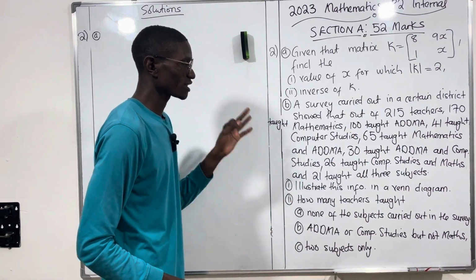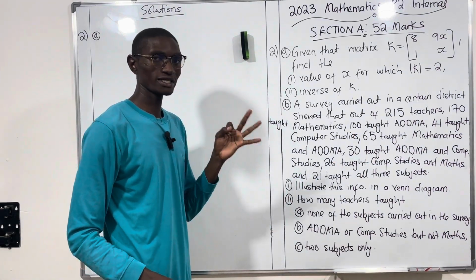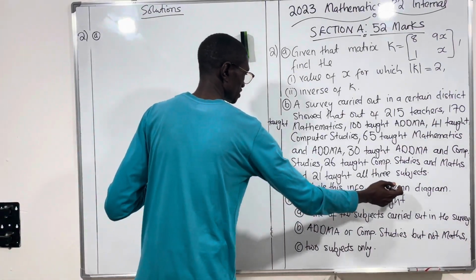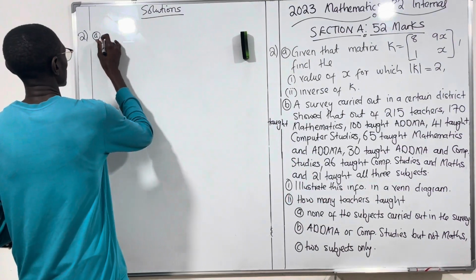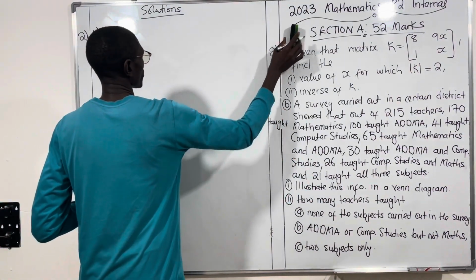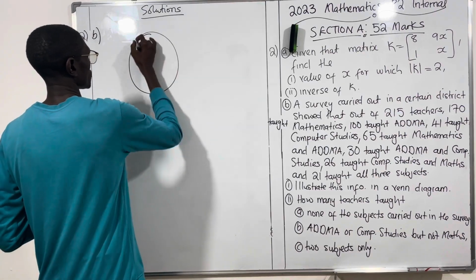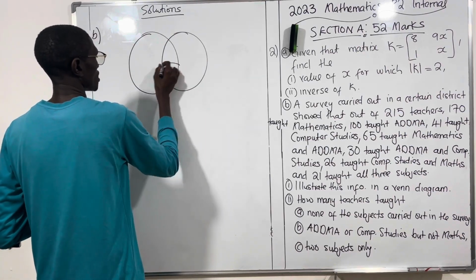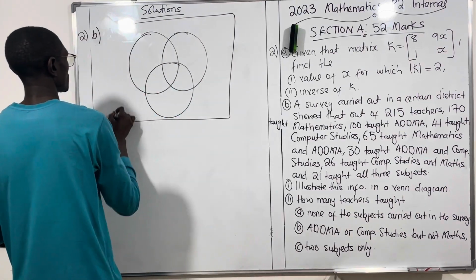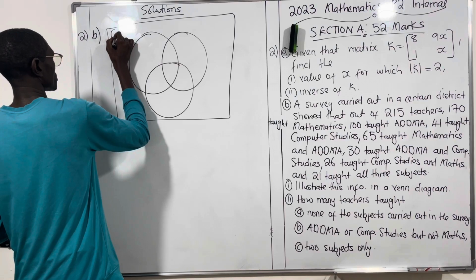So we know these 3 sets have a common intersection. The first question says, illustrate this information in a Venn diagram. So we're going to change this one to B. We're going to have 3 sets. 1, 2, and 3. So this will be our Venn diagram. This is our universal.